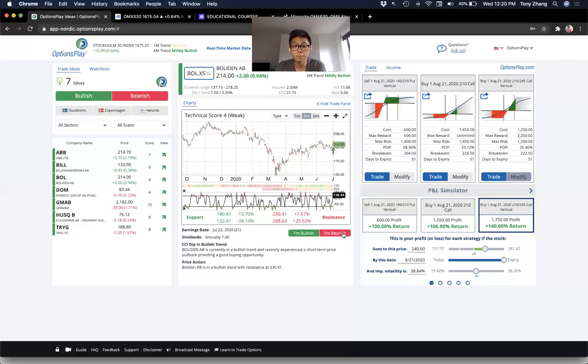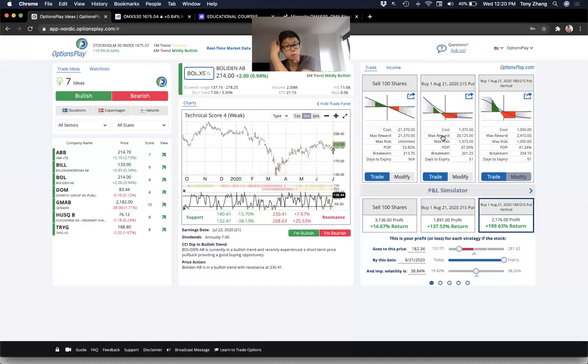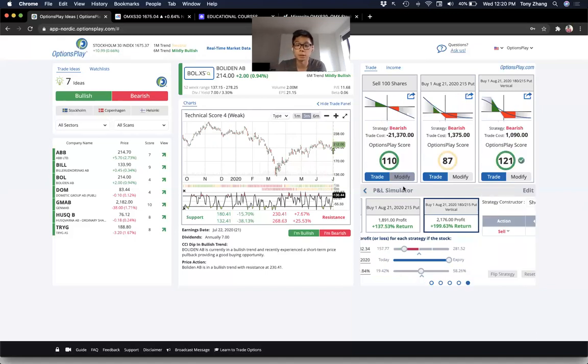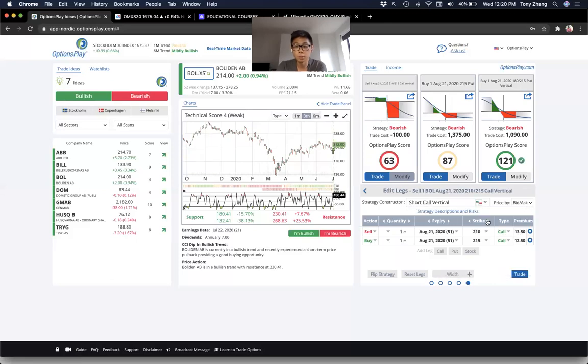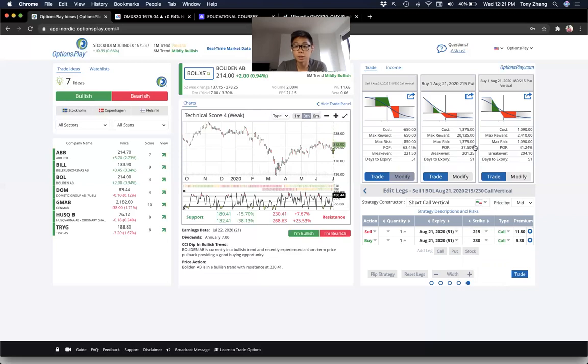But if you're bearish, then you can take a look at selling some credit spreads. Again, you would look at a bearish credit spread here. So maybe you would sell a 215, 230, maybe something along these lines. Notice how on a credit spread here, you're actually risking the least amount of capital.